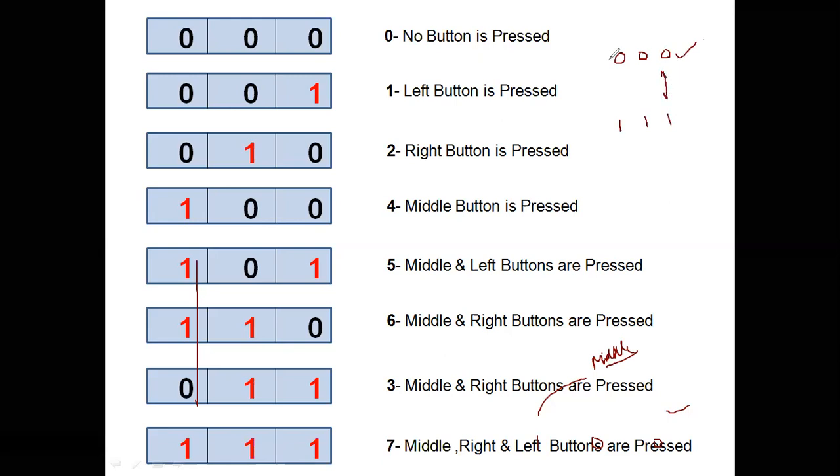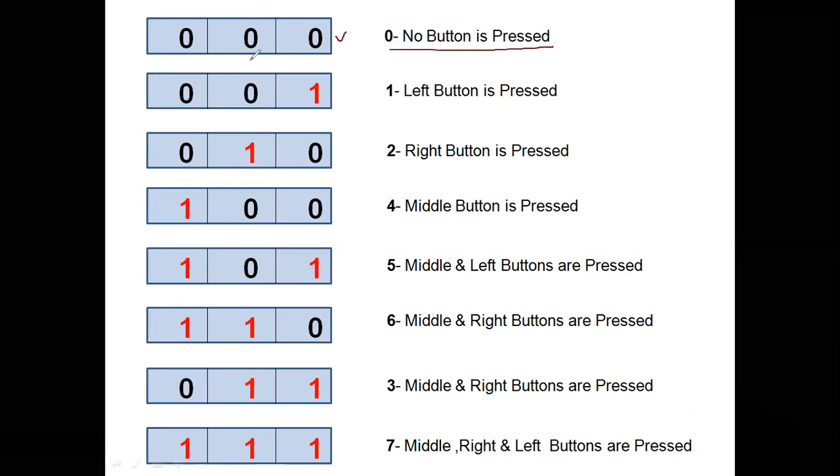This is the lowest combination, this is the highest combination. When all the bits are set to 0, it means no button is pressed.